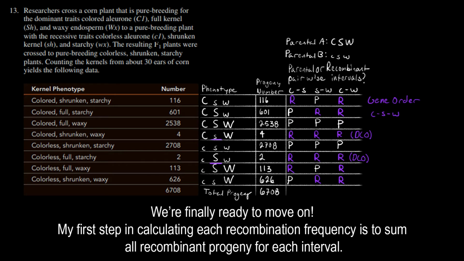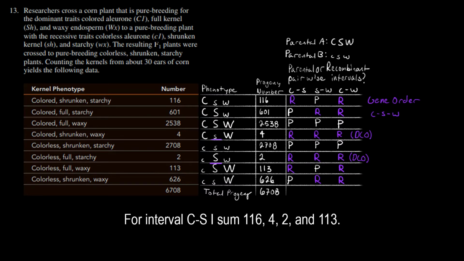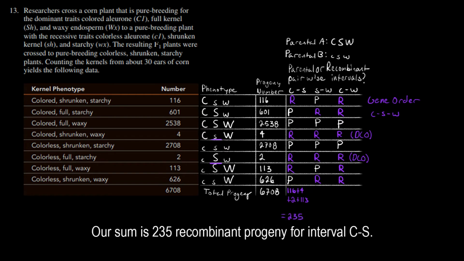We're finally ready to move on. My first step in calculating each recombination frequency is to sum all recombinant progeny for each interval. For interval CS, I sum 116, 4, 2, and 113. Our sum is 235 recombinant progeny for interval CS.